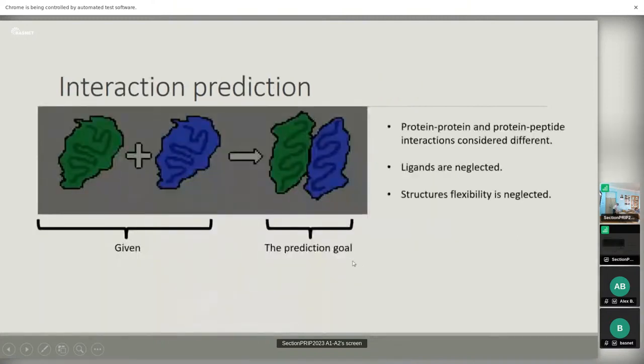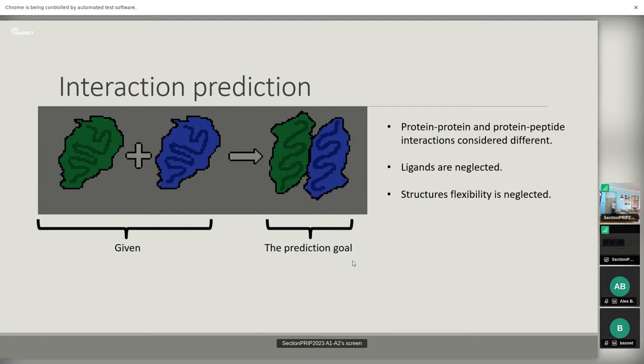So, what is interaction prediction? If we have 2 or maybe more components, here are 2 single molecules, and we know the fact that they do interact, we have to predict how they will interact. There are also distinct protein-protein interactions and protein-peptide interactions.